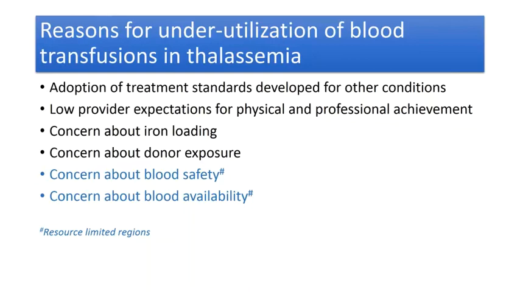Second, sometimes providers may not expect persons with thalassemia to achieve normal physical and professional accomplishments as the normal population does. There's also legitimate concern about iron loading, as well as concern about donor exposure. And finally, there's concern about blood safety and blood availability in many parts of the world as well.